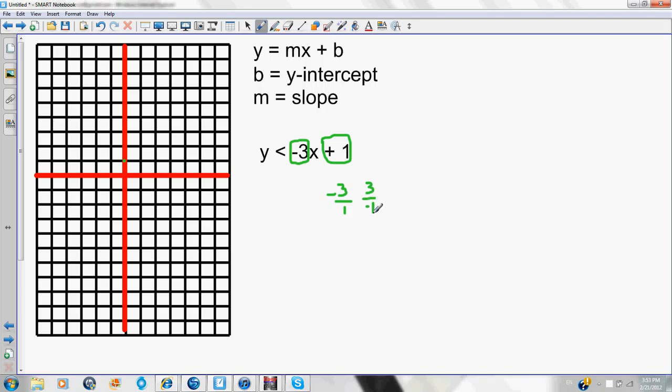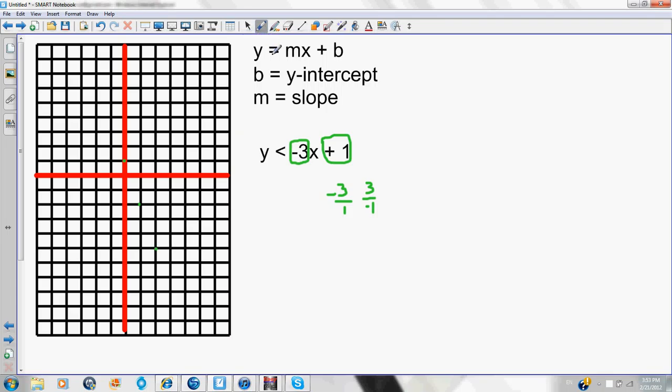Doesn't matter which one you choose. Let's choose this one. This tells you to go down 3. So starting at the y-intercept, we go 1, 2, 3 down. And the positive 1 on the bottom tells us to go 1 to the right. So we go 1 to the right when we make our point. Then we go down 1, 2, 3, and we go right 1, and we put our dot.